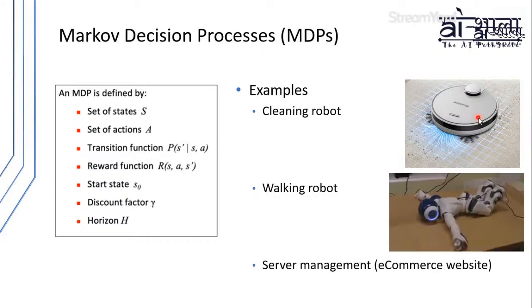Walking robot: for example, this one has fallen. It doesn't know how to stabilize itself. We use Markov decision processes for this robot to train what actions it needs to take, so that it can stabilize its walking pattern and not fall again. Another is server management, for example an e-commerce website.